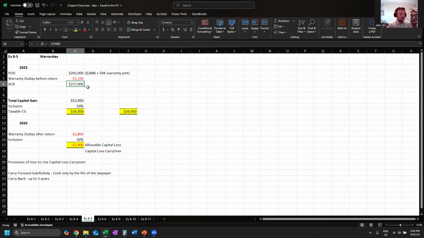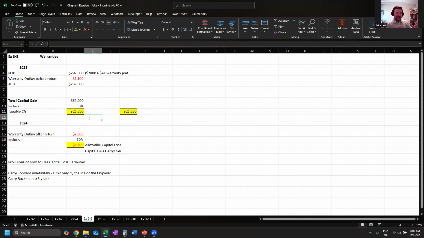Our cost was $237,000, so we're going to subtract that, but we're also going to subtract that warranty outlay, the amount we spent to fix the machine. So we spent $1,100. Our gain includes all three. So our total capital gain in 2023, the year of the sale, was $53,900. Our taxable capital gain was half of that, $26,950.